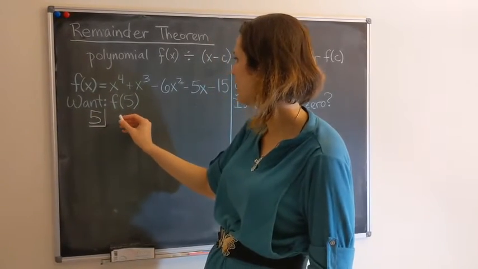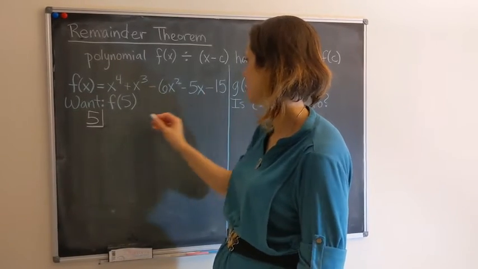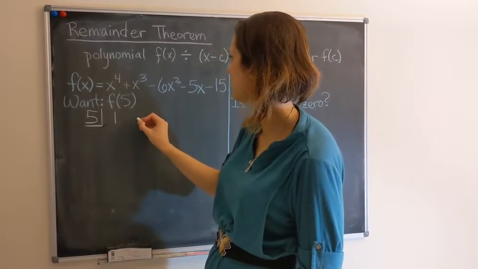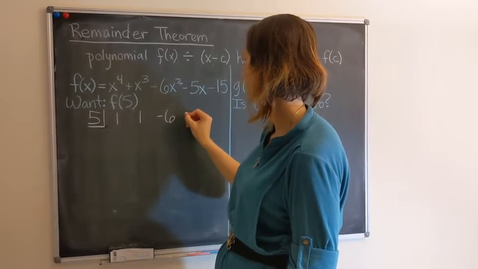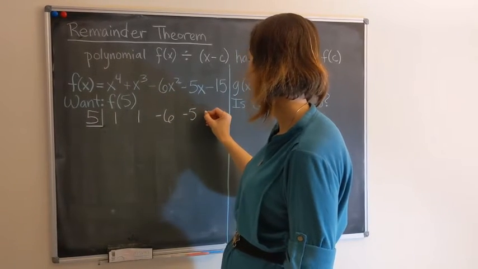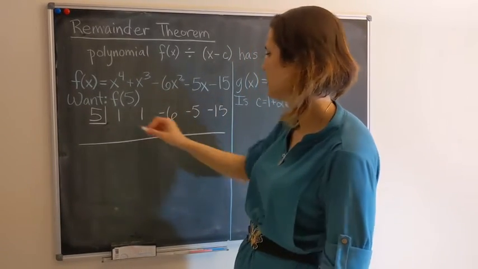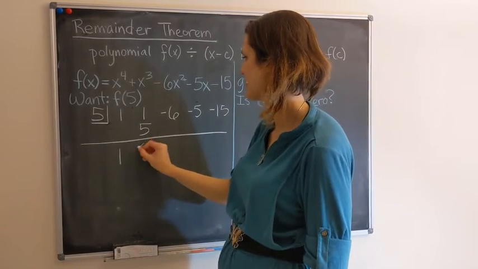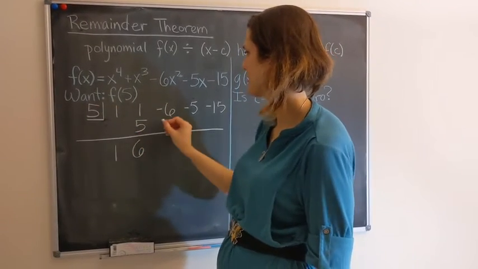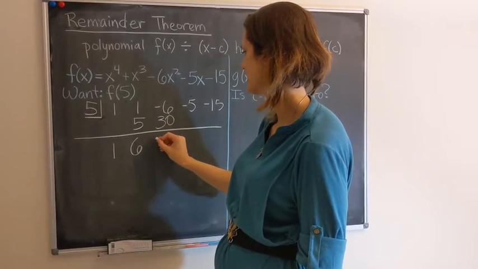We set up our 5 to divide in, and then take our coefficients in order from f of x: 1 x to the fourth, 1 x cubed, negative 6x squared, negative 5x, and negative 15. Pull down our 1. 1 times 5 gives us 5. 1 plus 5 is 6. 6 times 5 gives us 30. 30 plus negative 6 is 24.